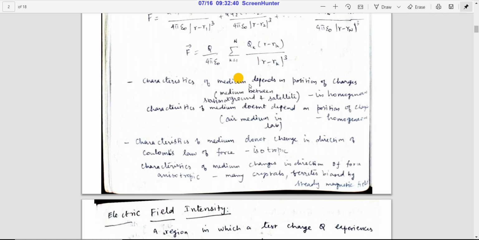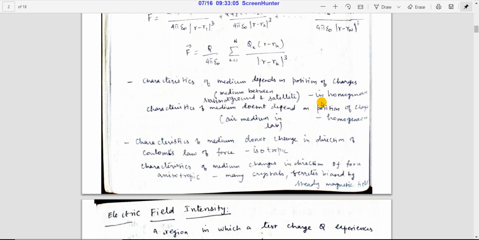Or if you have a medium between a ground station and the satellite, this medium is going to be called inhomogeneous, because the characteristics of the medium depend upon the position of the charges.